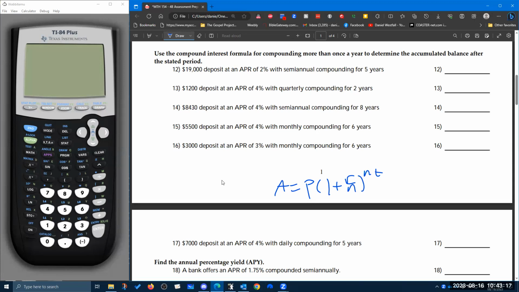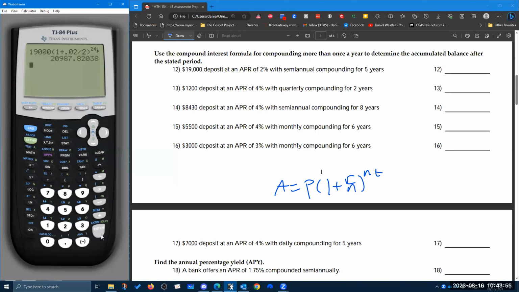So in the first example, the principal is 19,000 times 1 plus, so our R is 2%, and that 2% is going to be divided up twice because it says semi-annually, raised to the 2 times 5, the number of times that the interest is going to be compounded, 10 times total in this 5-year period.